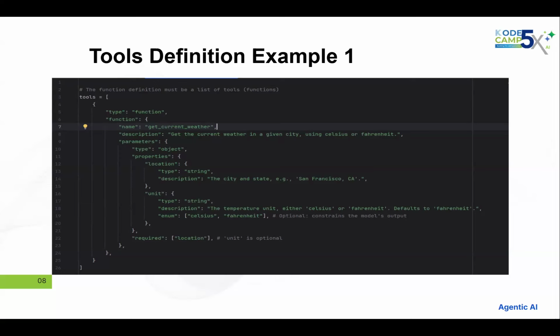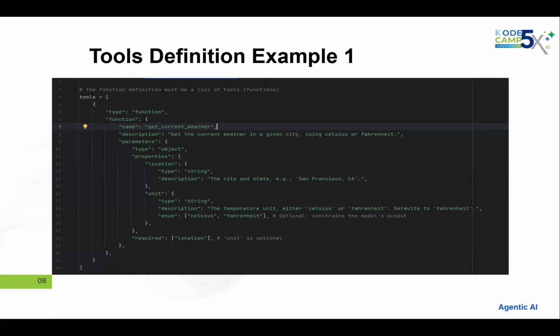But it also knows from this that it must not provide a value for unit, that it can omit the value for unit when it's requesting that that function be called on its behalf, and that if it omits that value of units, it's the same as explicitly providing the value of Fahrenheit.